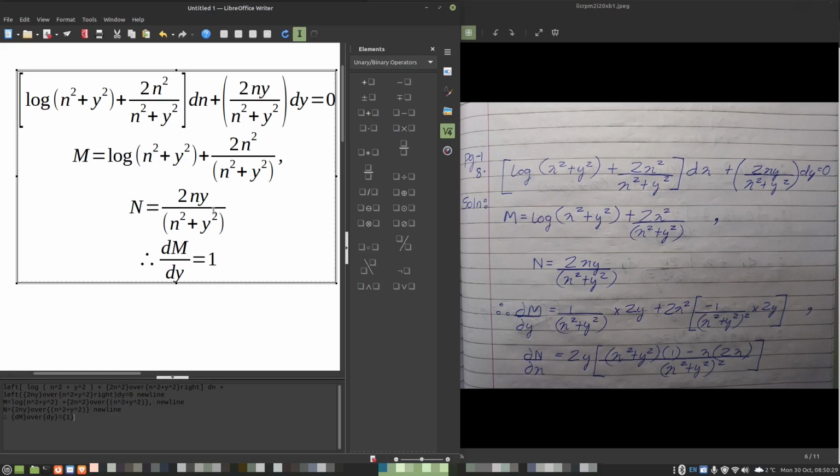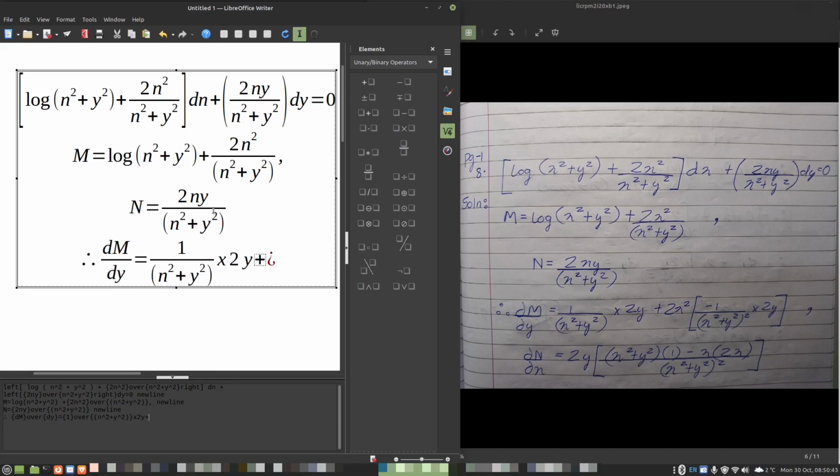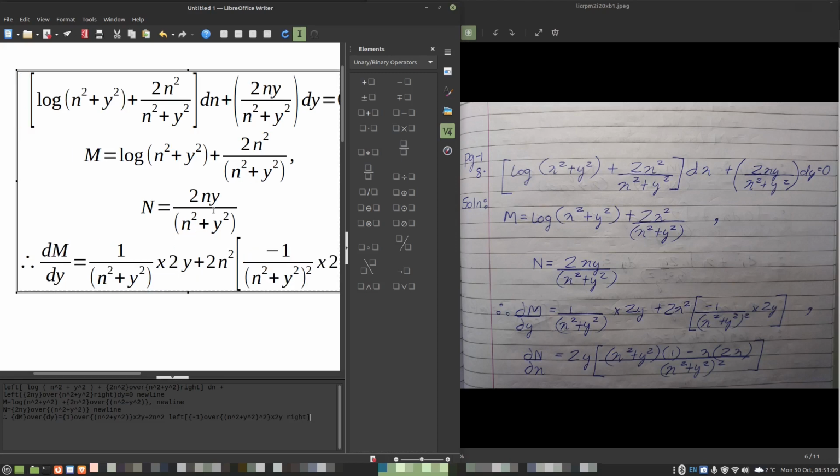Equals 1 over n squared plus y squared bracket bracket times 2y plus 2n squared left square brace negative 1 over n squared plus y squared bracket squared, close that, times 2y right square brace.